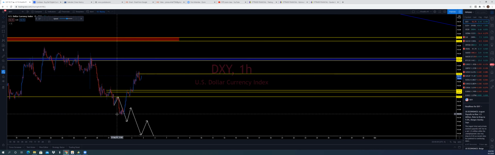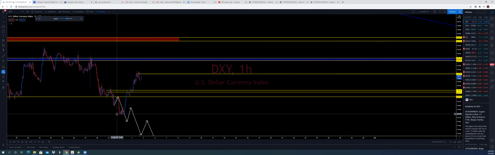So I would love to see the dollar come up, retest the structure, come back down, take out this liquidity, and keep pumping to the downside. But we did get our down push from the dollar in the beginning of the week that I was looking for, and then we got the reversal, so that's cool.